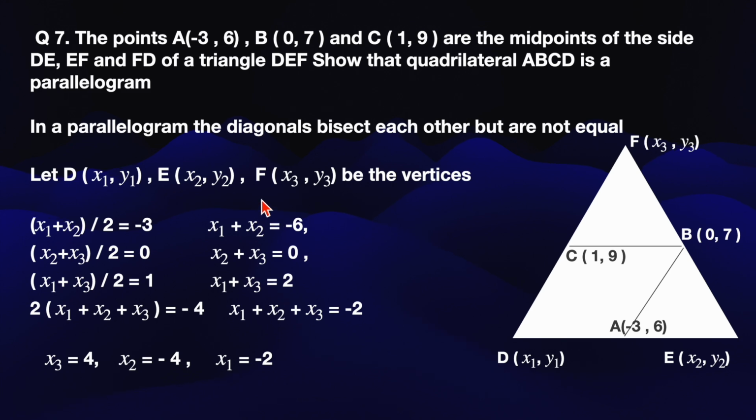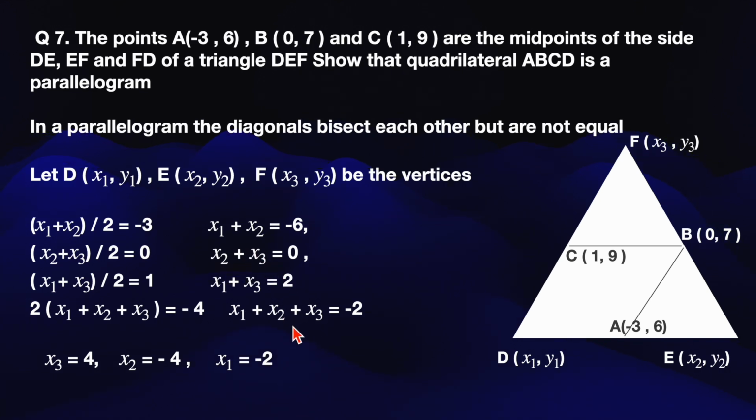What did we do in that? We have considered these as the vertices. Then what did we do? (x1 + x2)/2 is equal to -3. (x2 + x3)/2 is equal to 0. (x3 + x1)/2 is equal to 1. Write it down. Simplify it. Add these expressions. You will get an equation like this. Now substitute this here. You will get the value of x3.